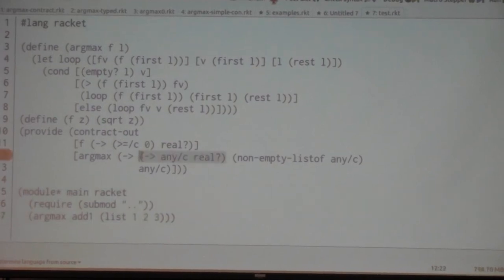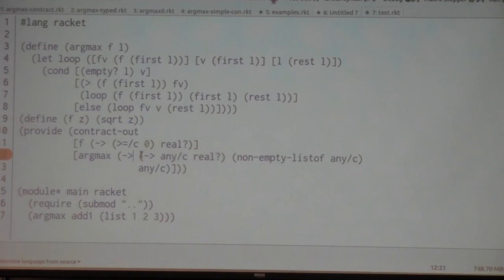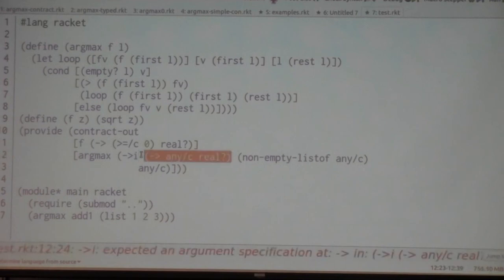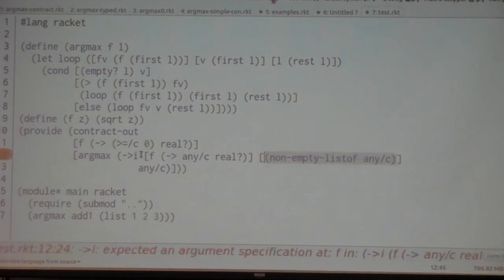To write a stronger contract, I'm going to have to change this function contract into what's called a dependent contract. Should be familiar from Edwin's talk earlier and from discussion of dependent types earlier. We're going to be able to refer to the values of our inputs in the contracts.